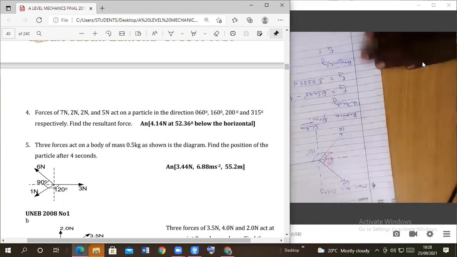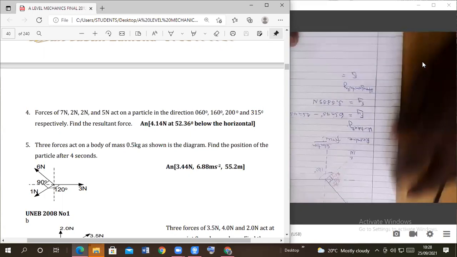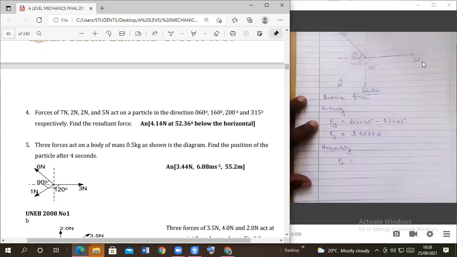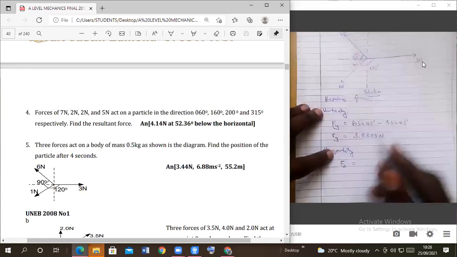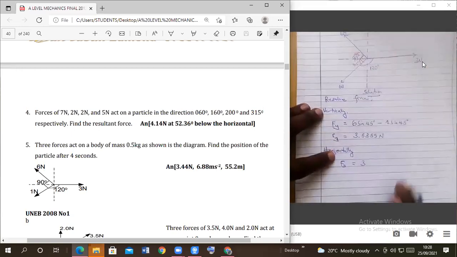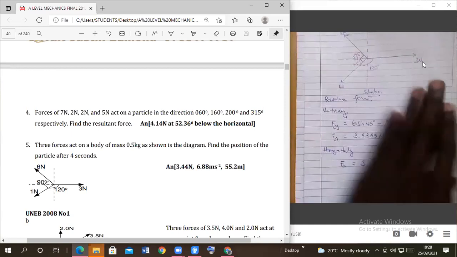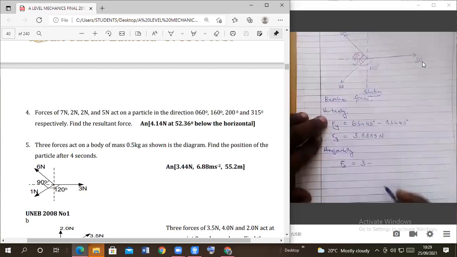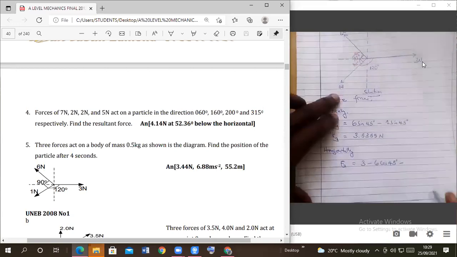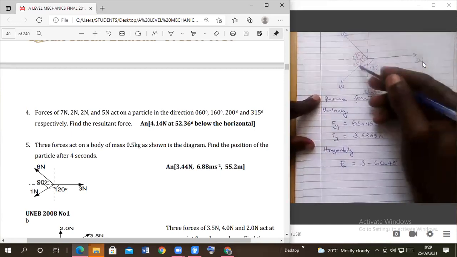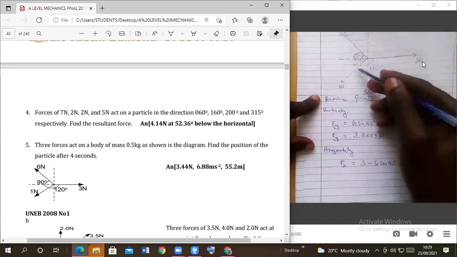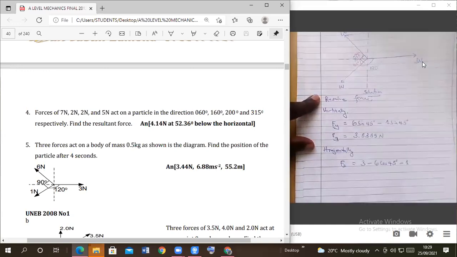Then horizontally, Fx we shall have. 3 is the only one on the positive side, the rest are negative. So Fx will be equal to 3 minus 6 cos of 45 degrees minus 1 cos of 45. This angle would have just given the confusion here.